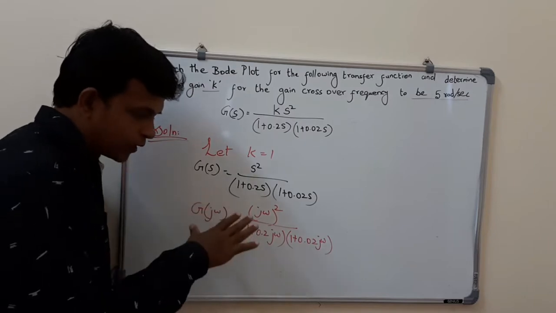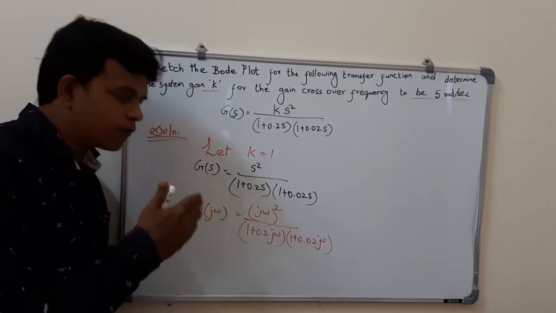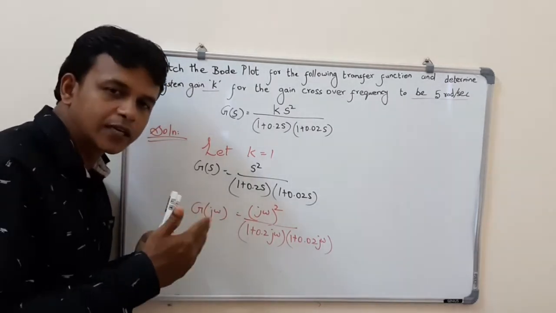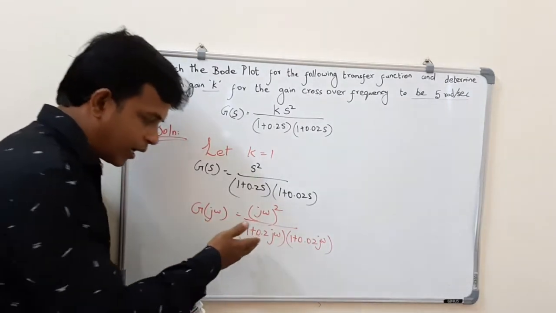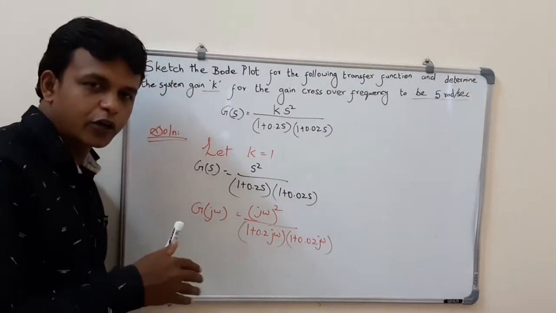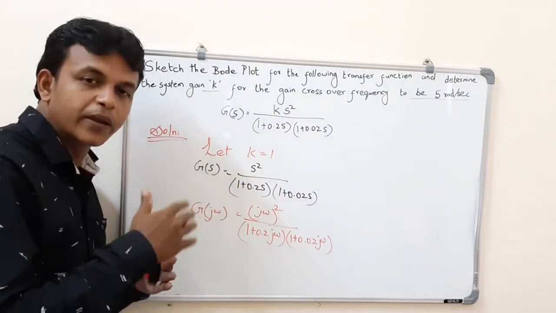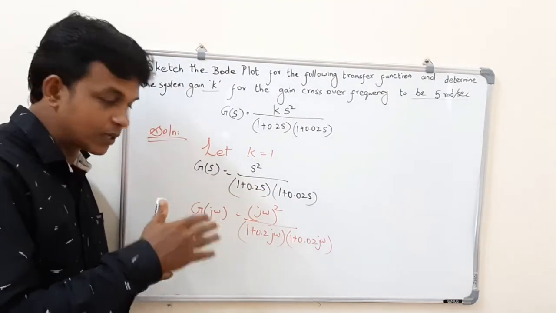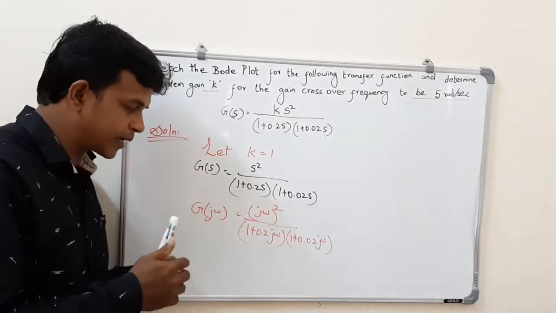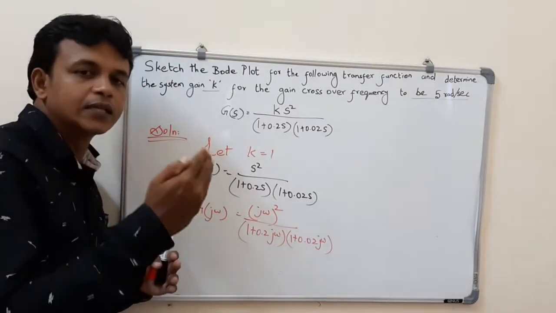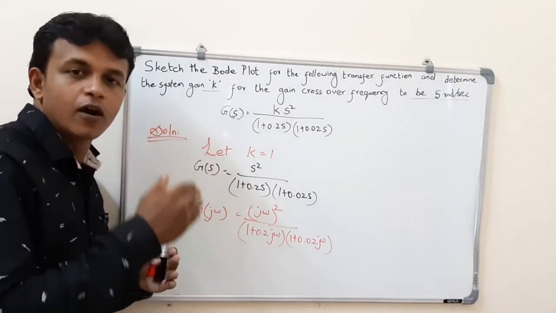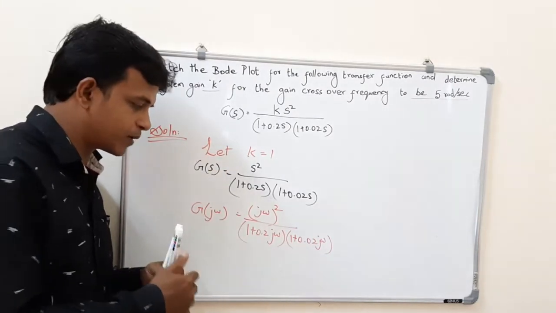We know that the slope for a derivative factor is plus 20 decibel per decade, and for a first order factor in denominator, until the corner frequency, there won't be any slope. The slope is 0 decibel per decade. After the corner frequency, there is a change in the slope at the rate of minus 20 decibel per decade.